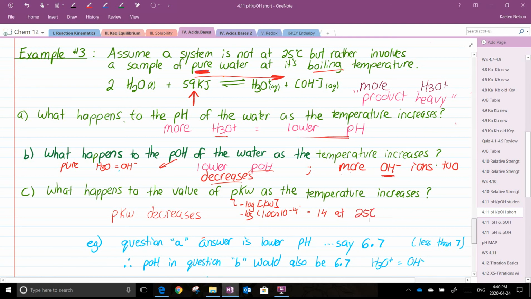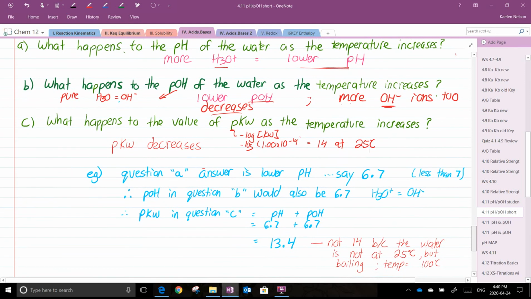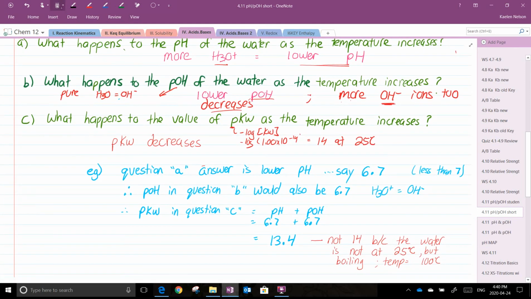So I put in light blue here in a different answer because we didn't have numbers to work with for our pH, so I've given you a hypothetical example. So in question A, the answer is the pH is lower. So lower means lower than 7, because 7 would be neutral. So we're going to say it's 6.7. So in part B, that means our pOH would also be 6.7.